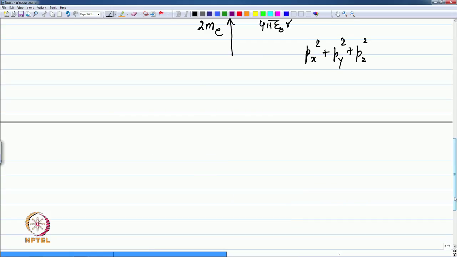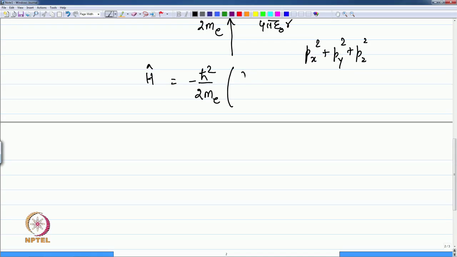And then of course px is replaced by the derivative operators, so that the Hamiltonian becomes minus h bar squared by 2 me times del squared by del xe squared plus del squared by del ye squared plus del squared by del ze squared, where these are the coordinates of the electron with respect to that origin.